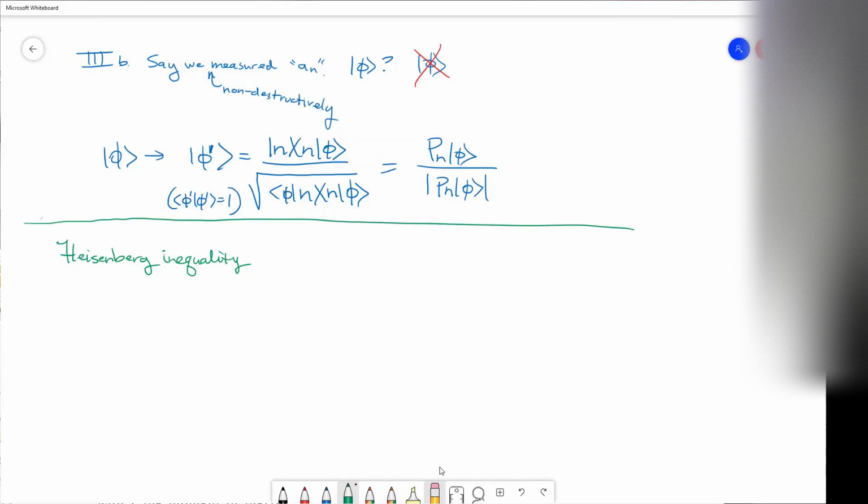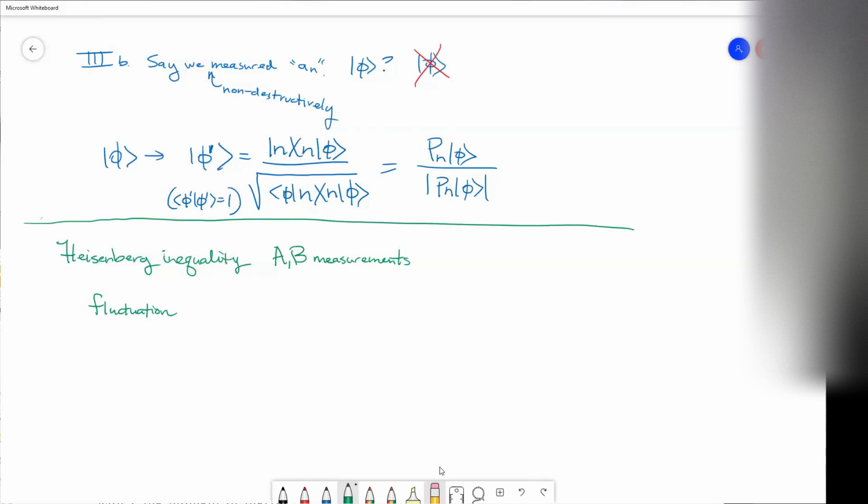Heisenberg inequalities have to do with 2 different operators corresponding to measurements. So say you have 2 measurements, A and B, and then you can define a kind of fluctuation of any measurement away from its average value.